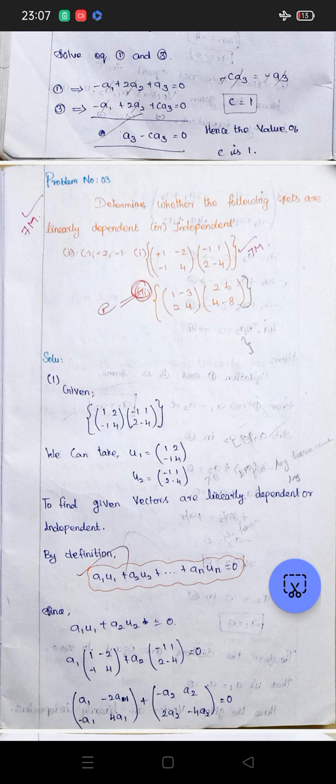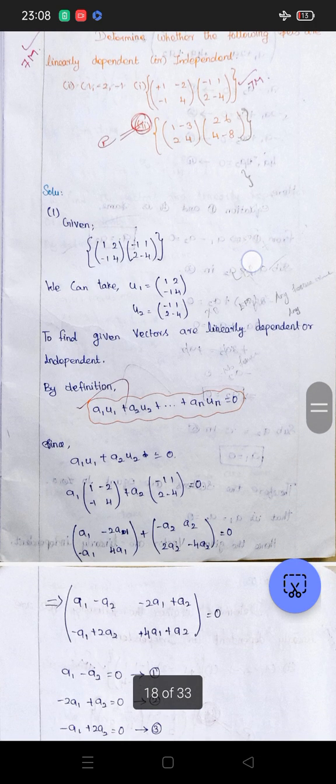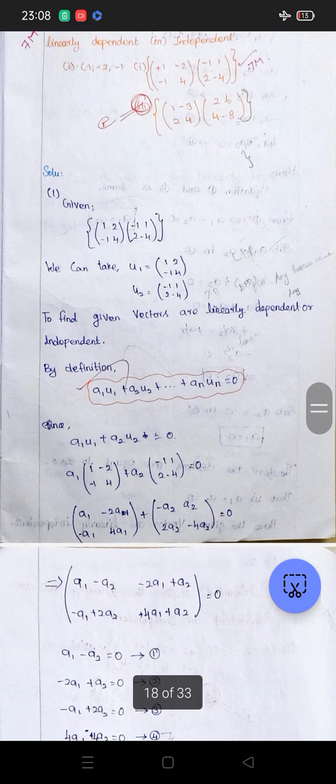We take u1 equal to 1, 2, minus 1, 4 and u2 equal to minus 1, 1, 2, minus 4, to find whether the vectors are linearly independent or dependent.